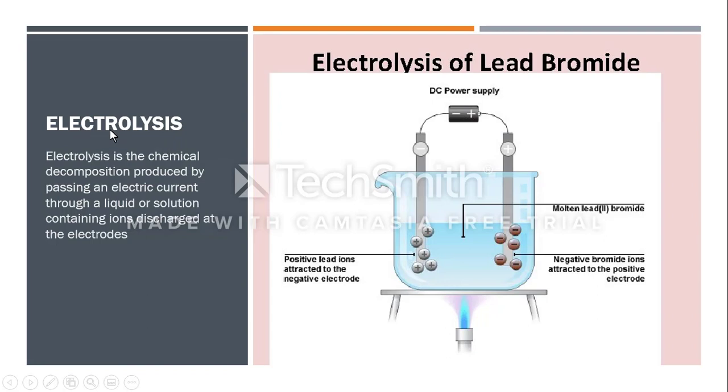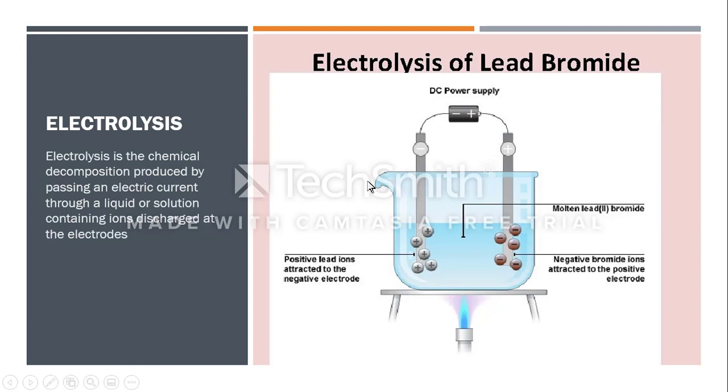So you can use electricity to split certain compounds. So electrolysis is the chemical decomposition produced by passing an electric current through a liquid or solution containing ions discharged at electrodes. What does that mean?